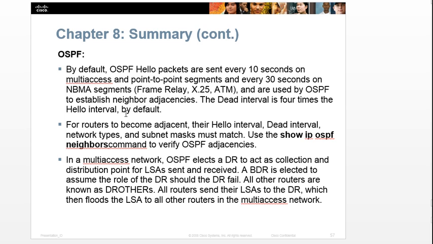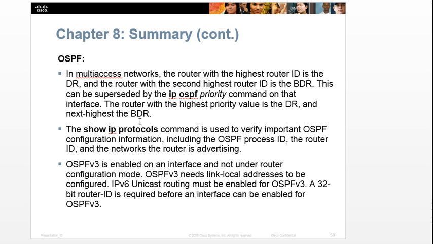In a multi-access network, you need a DR and a BDR, and those are going to be elected based on the router ID that you either set or that is automatically maintained. In multi-access networks, the router with the highest ID is the DR, second highest is the BDR. We're not going to get into it here, but you can have more than one BDR, and we'll talk about that, I think, next week.